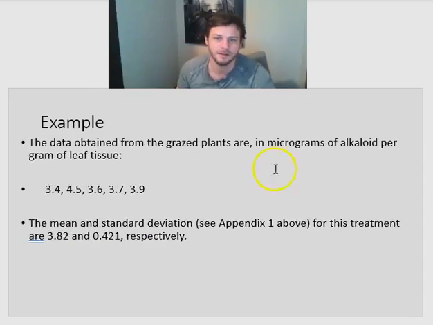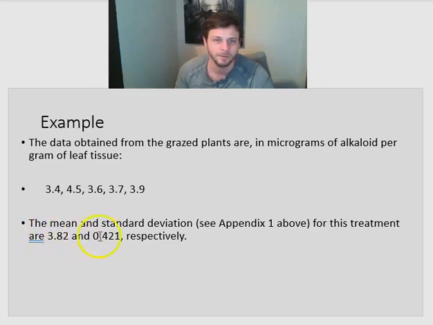So if we look at this example, here's our grazed plants. These are micrograms of alkaloid per leaf tissue. And you get 3.4, 4.5, 3.6, 3.7, and 3.9. The mean of this group is going to be 3.82. And then the standard deviation, so the S value, is going to be 0.421.